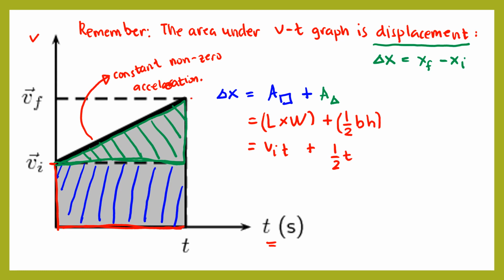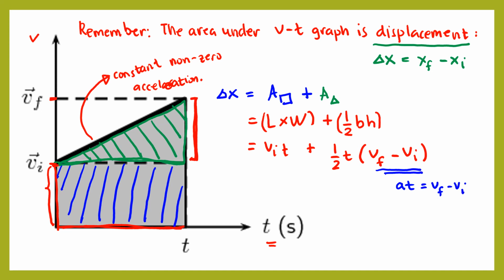The height of the triangle is actually equal to the final velocity minus this height, the initial velocity. So that would be final velocity minus the initial velocity. Now recall from the first equation of motion that this quantity is equal to at. So we have at is equal to vf minus vi.